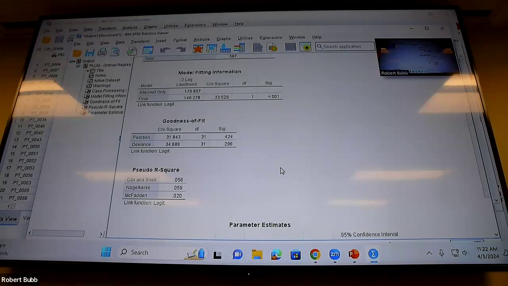Okay, so the first thing we can look at is the overall model. This is that model fitting information, very similar to what we did last week. Overall, is the model significant given the number of predictors that we have? We only have one predictor here, so two parameters, and we're going to have 1 degree of freedom. And then we have our chi-square value. If we wanted to report, we would report this chi-square value for the overall model.